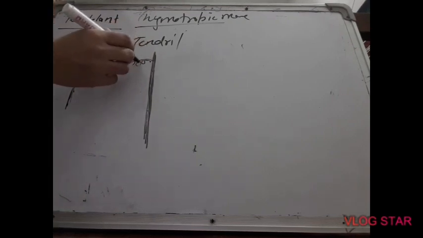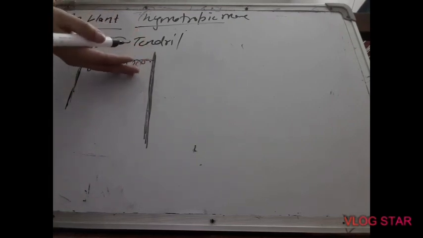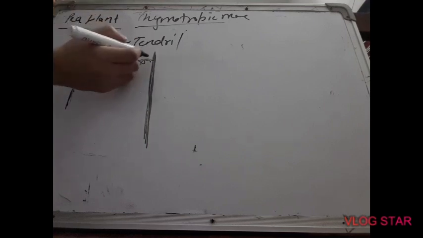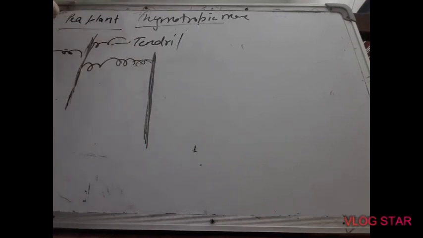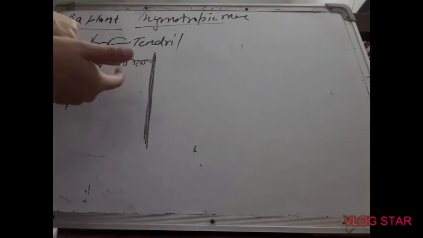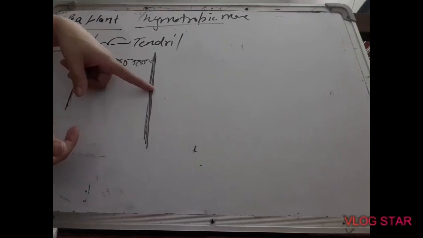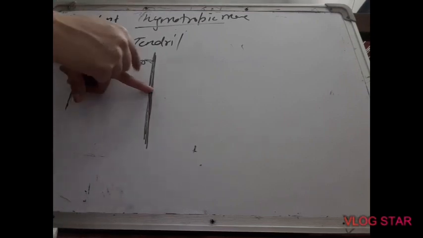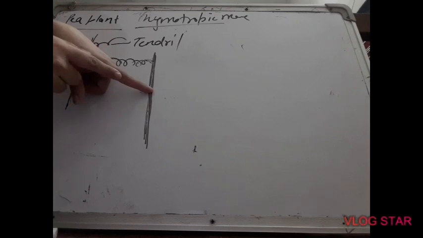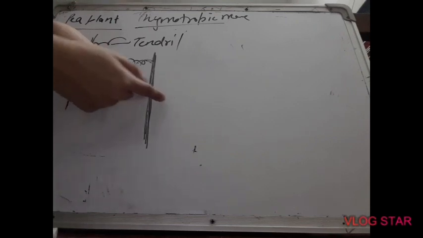Auxin inside the tendril moves towards the opposite direction of the touch. Suppose this finger is a tendril. If this side of the tendril touches the support, that stick or rope, then auxin moves to the opposite side and causes more growth of this side of the tendril. Because of more growth, it twines around the support.